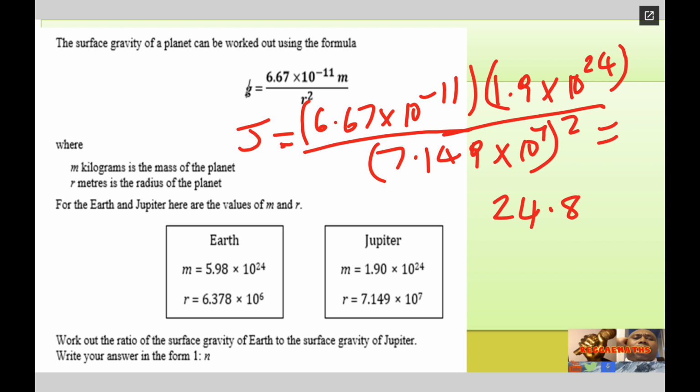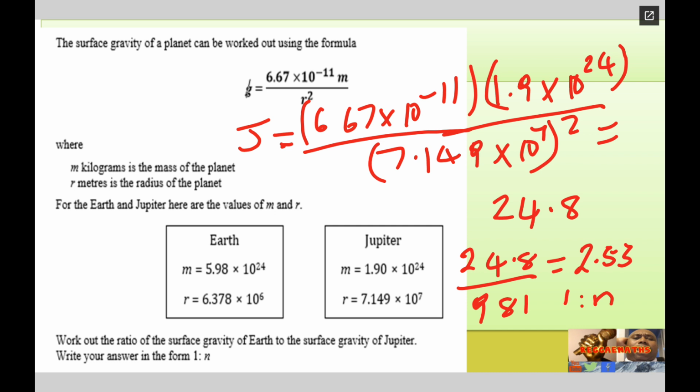To work out the ratio 1 to n, it's going to be 24.8 over 9.81, which is 2.53. So 1 to n is going to be 1 to 2.53.